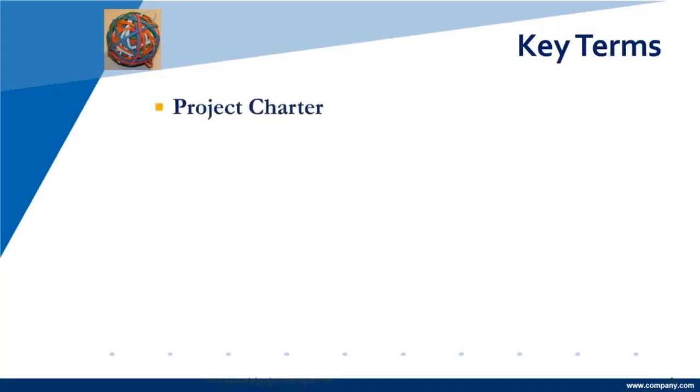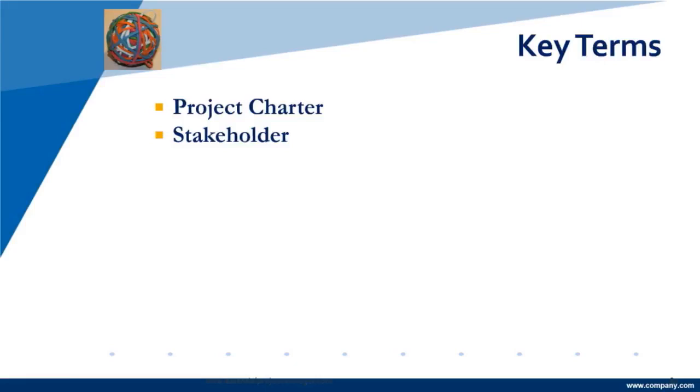Some key terms. We learned about project charter. Very important to understand how that works, and that is the device which empowers the project manager. We talked about stakeholders. We'll go into much more detail about stakeholders and stakeholder management. We understand that they are people that have both an effect on the project and are affected by the project.